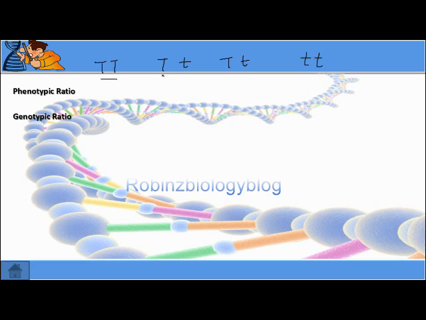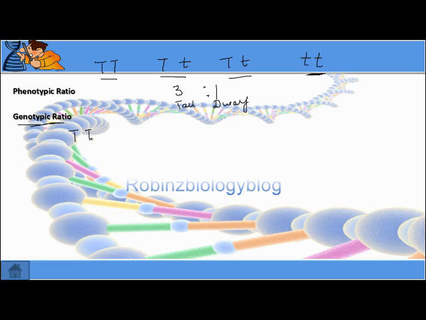So we got 1, 2, 3 tall, and the other one as short. So we can say the phenotypic ratio is 3 tall is to 1 dwarf. How about if we talk about genetic ratio?